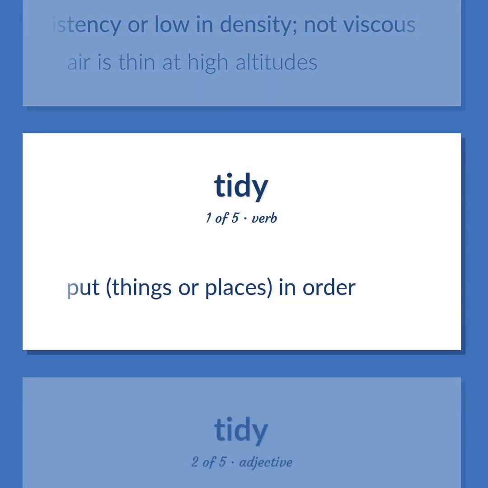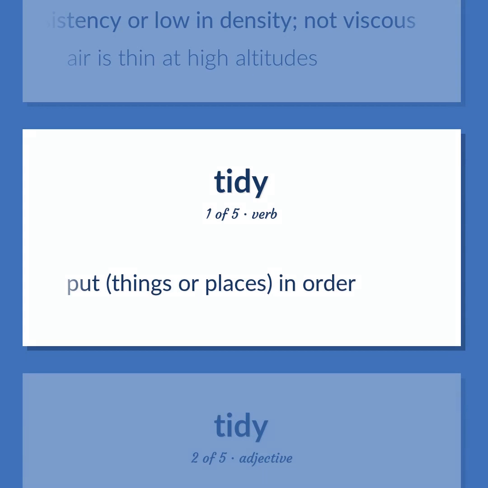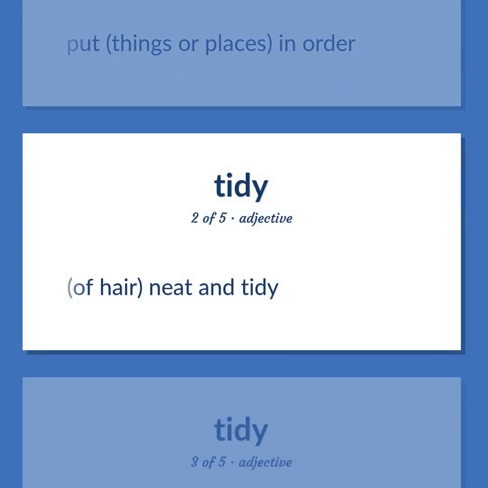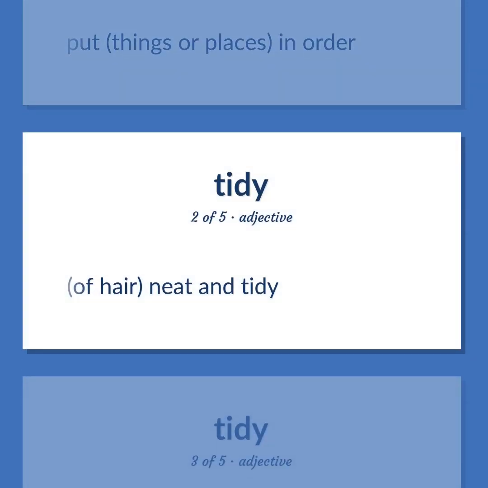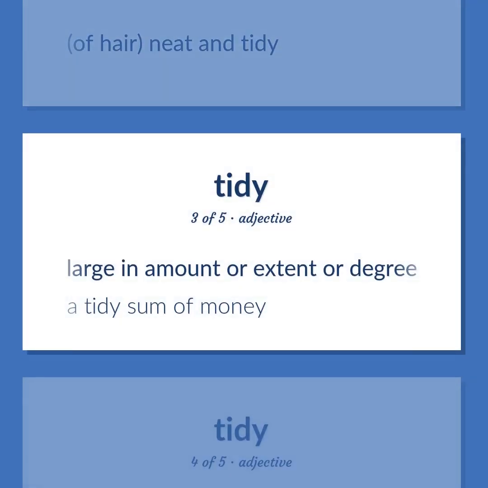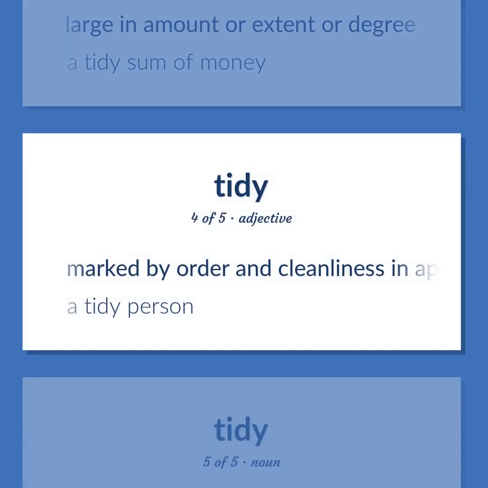Put things or places in order. Of hair, neat and tidy. Large in amount or extent or degree. A tidy sum of money. Marked by order and cleanliness in appearance or habits. A tidy person.